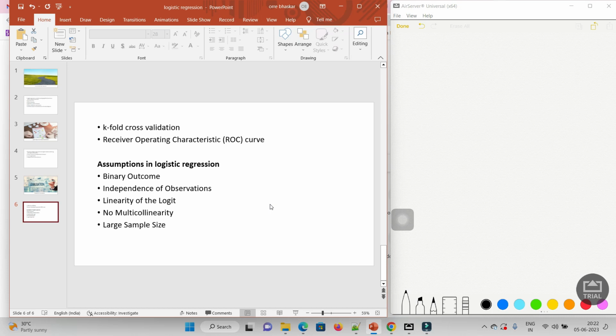A perfect classifier, as I said, will have TPR equal to 1 and FPR equal to 0, indicating high sensitivity and low false positive rate. The area under the curve is calculated, which quantifies the overall performance of the model. Here AUC of 1 indicates a perfect classifier, while AUC of 0.5 suggests a random guess.